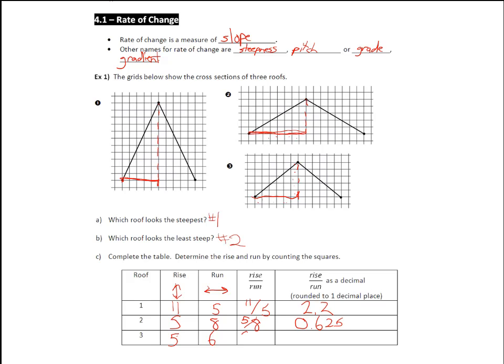Then we put rise over run, so 5 over 6. It's getting very difficult to write down there. 0.83. So 5 over 6, or 0.83 as a decimal. Perfect. All right, I'm going to go to the next slide.